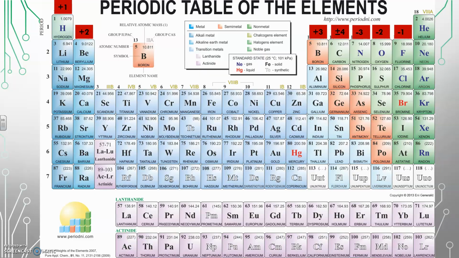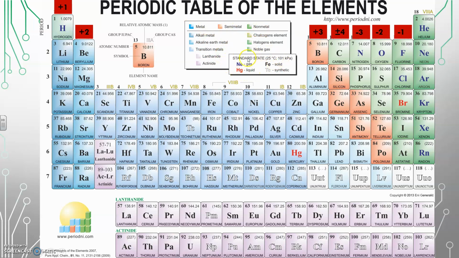But alright, going back to the periodic table, another look at it. This periodic table shows you a couple different things here. It does have the breakdown of the different group names, okay? And then it also tells you what type of element it is, okay?